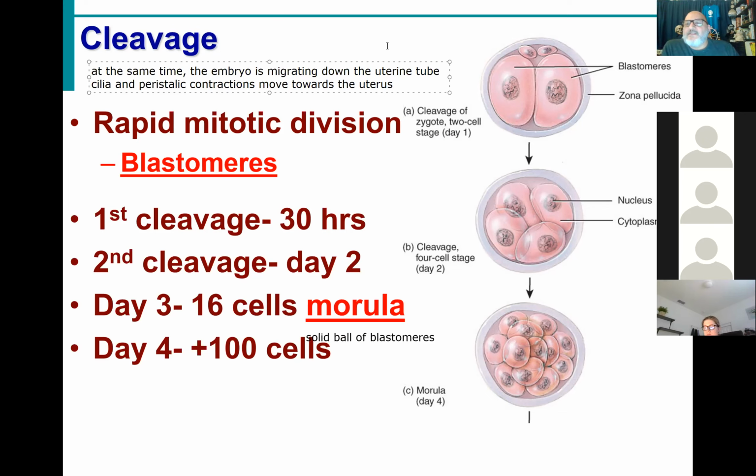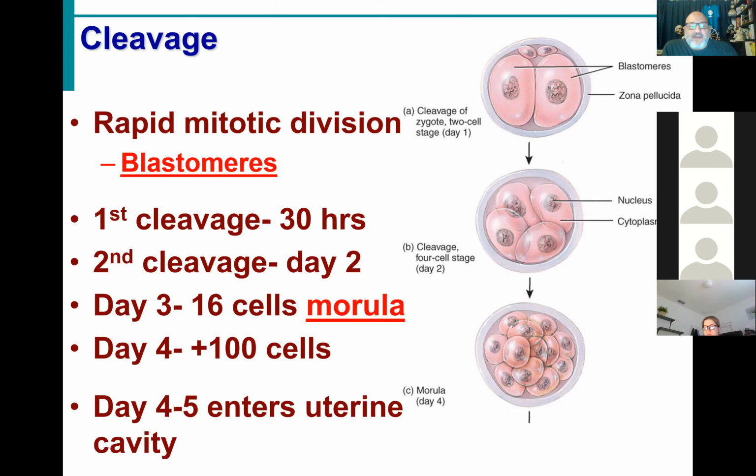And finally, day 5 occurs. When day 5 occurs, basically 2 very important processes have taken place. By day 5, we have finally made it to the uterus. Again, once in the uterus, as we talked about, the uterus has been preparing, thickening the functional wall, vascularizing the functional wall, and producing and releasing that uterine milk to help to maintain this bundle of cells.